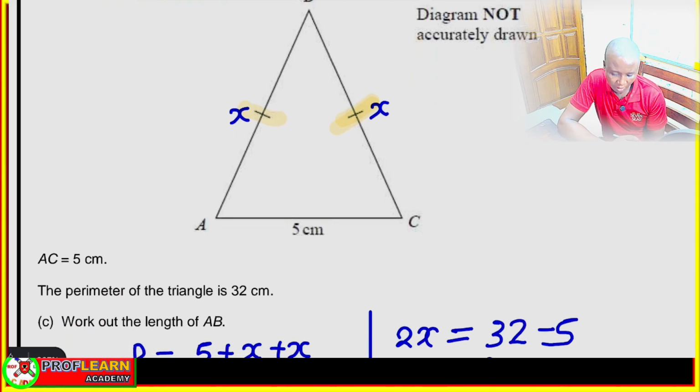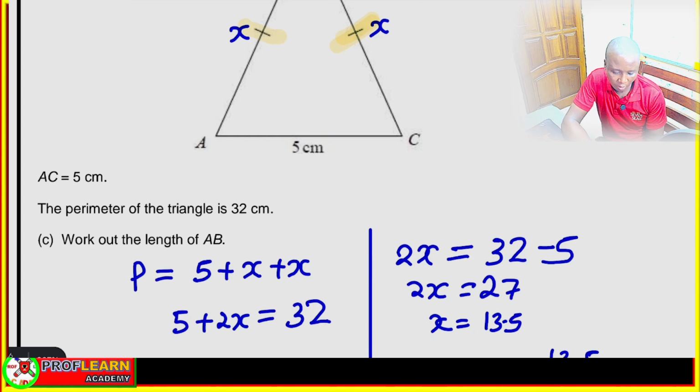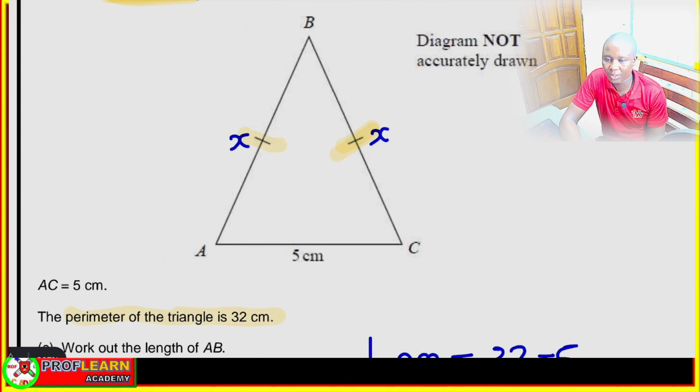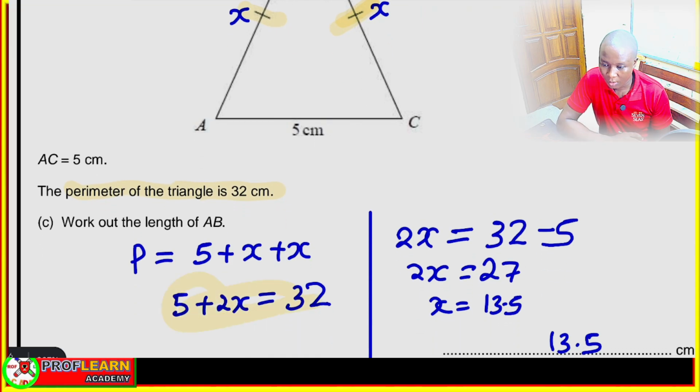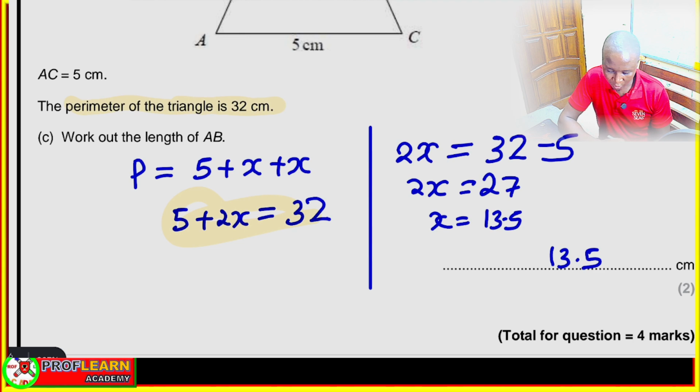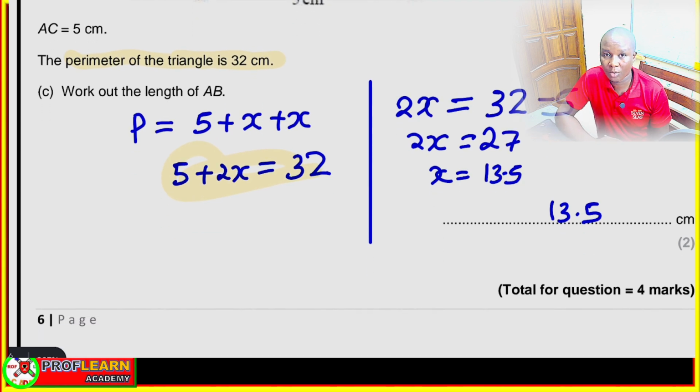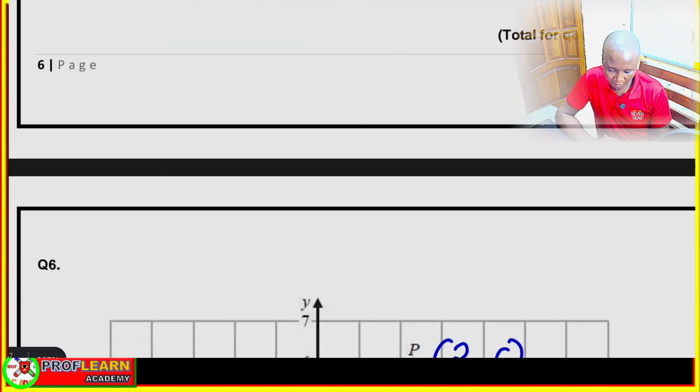So if you are going to use the concept of perimeter, we can say perimeter is the sum of all the sides around this particular figure. So what does that mean? That means that if you say 5 plus x should be equal to 32, and then if you solve for x, you are going to get your answer being equivalent to 13.5.